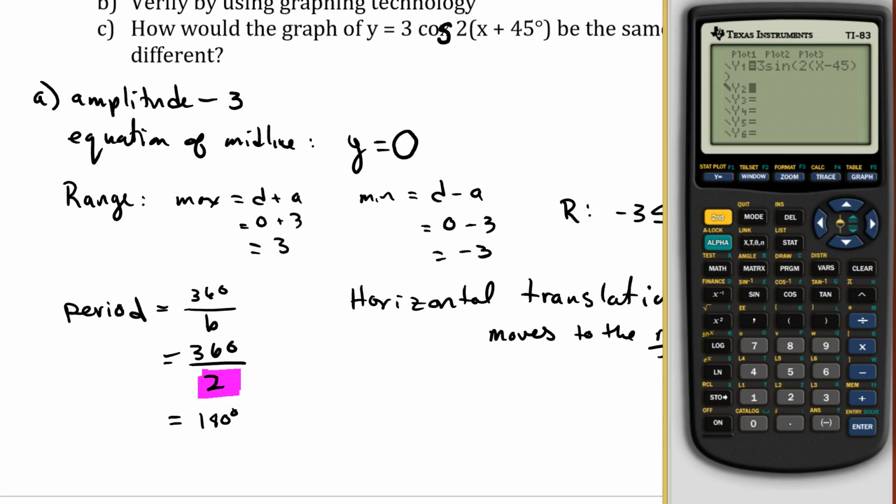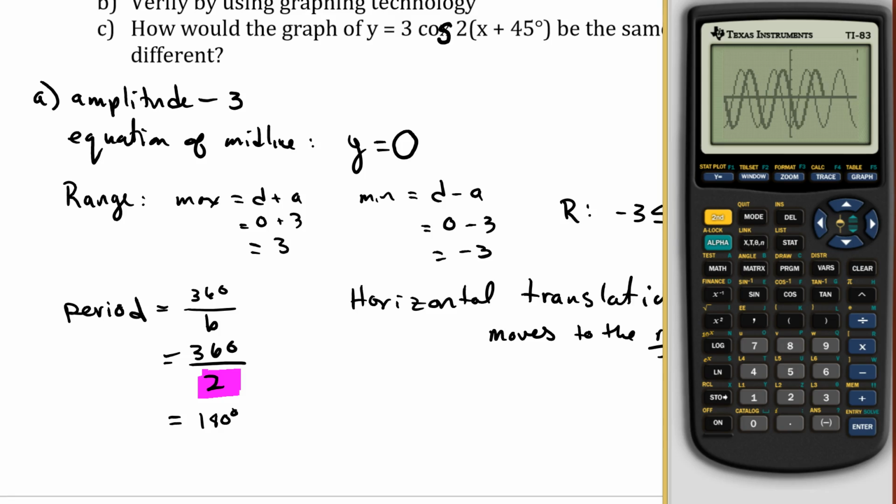So I'm going to say 3 cosine 2, and then open bracket again, x plus 45, close bracket, so I close this bracket. Now I need to close it again. And I have no d on this one either, so I'm going to graph it. Look at that.